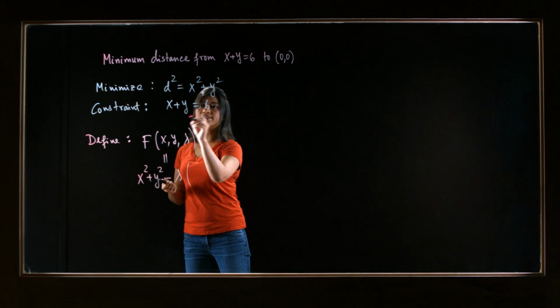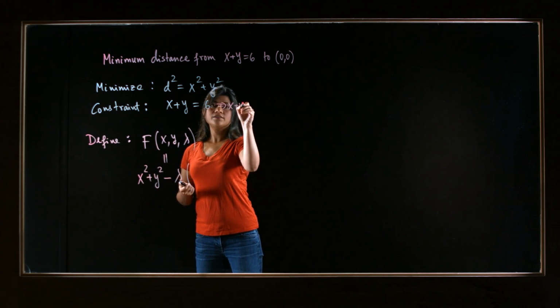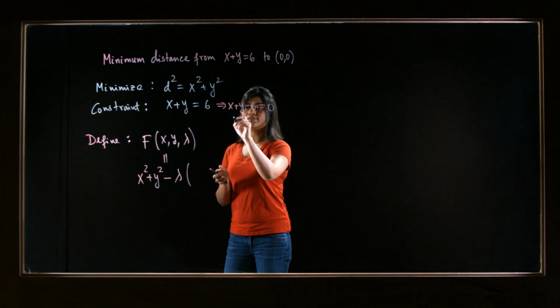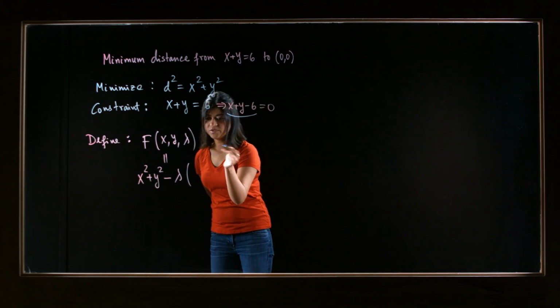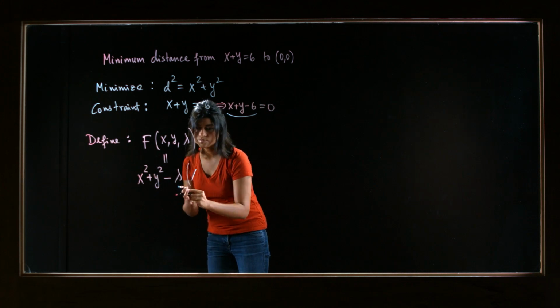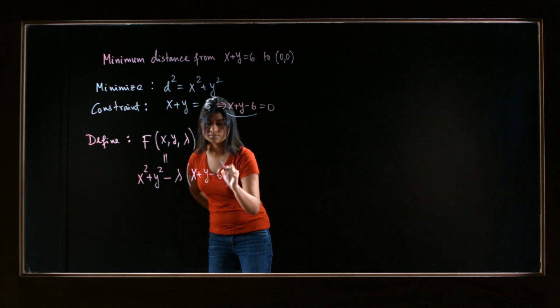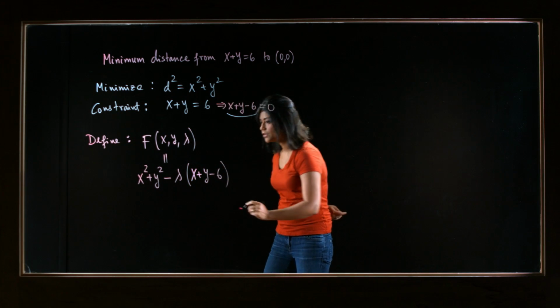We can rewrite this as x plus y minus 6 equal to 0. So we take x plus y minus 6 as our other function, the function g, and we put it right here. Okay, so this is the definition of the new function, big F.